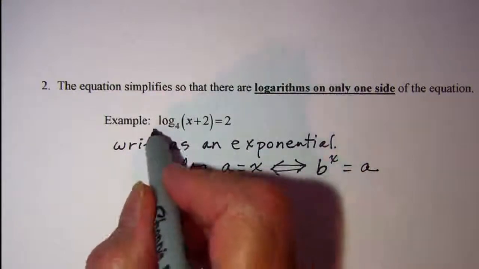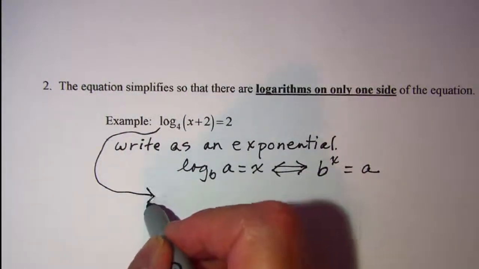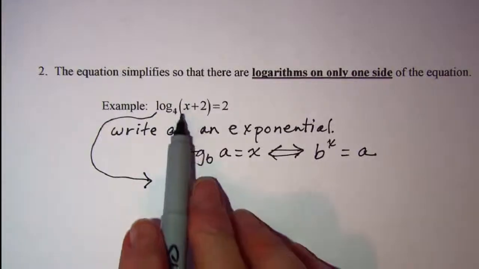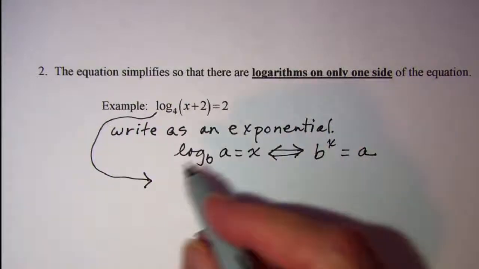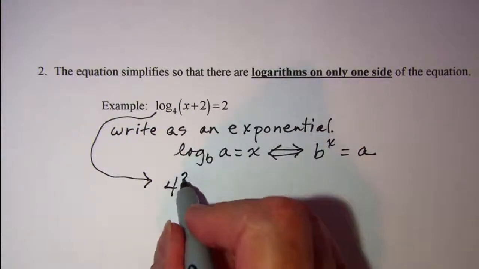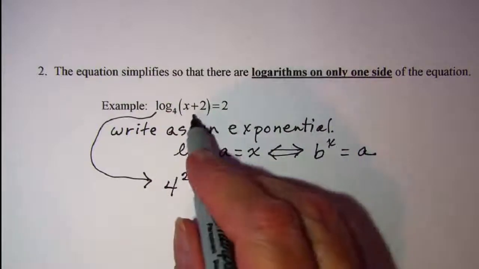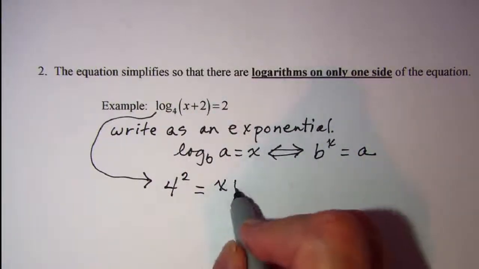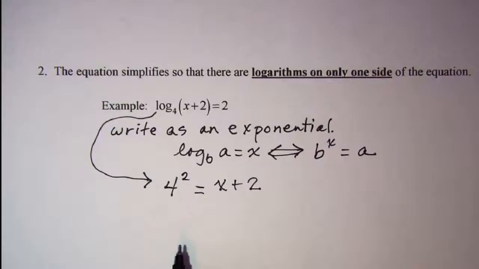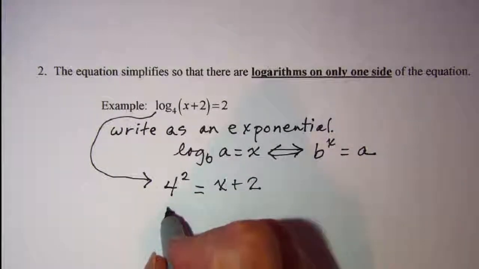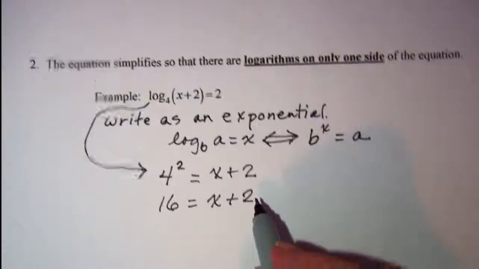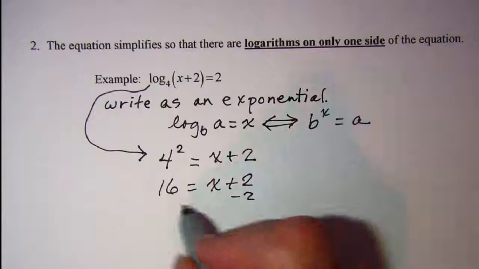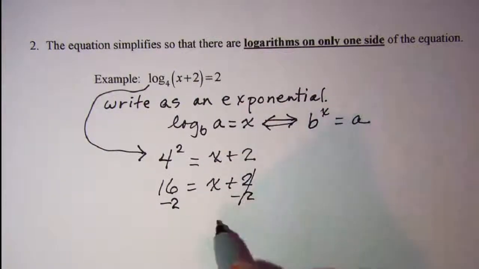So my logarithmic equation becomes the base 4 raised to the second power is equal to the argument, which is x plus 2. Now we know that 4 squared is 16. Isolating our x, we subtract 2 from both sides, so that x is equal to 14.